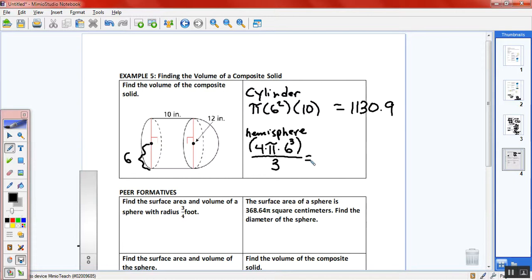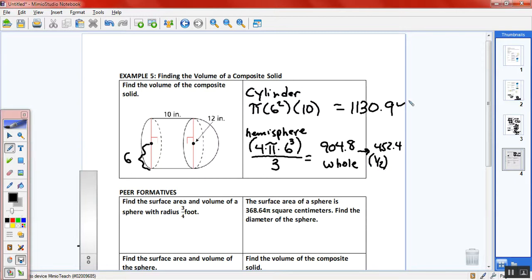So you've got 904.8. But this would be if it was what kind of a sphere, kids? So what do we have to do to the 904.8? 452.38. Can I round to 452.4? So the half part of it would be 452.4.